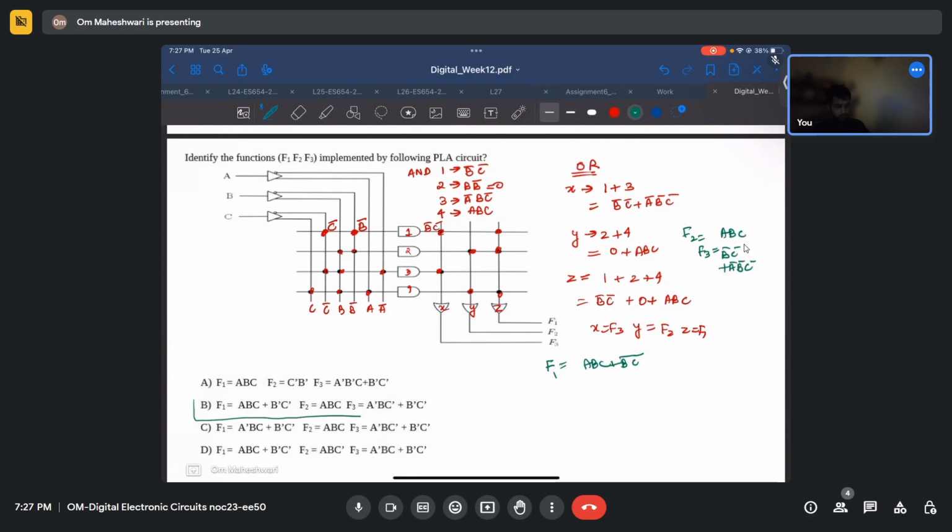Second option is correct. Is this question clear? Okay. So I hope it is clear now.